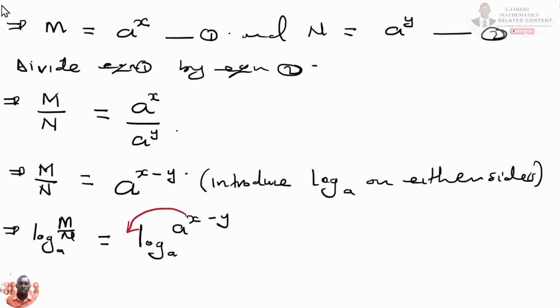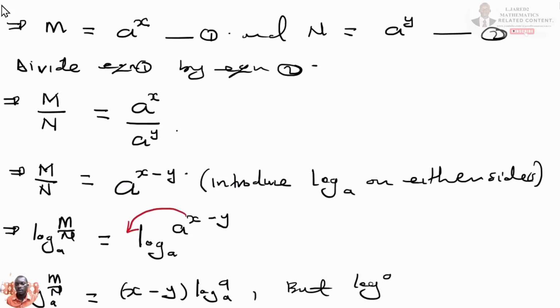We are going to have the log of m divided by n base a equaling to x minus y multiplied by log of a to base a. But log of a to base a is the same as 1, implying that log of m divided by n to base a is the same as having x minus y, the whole of it multiplied by 1.